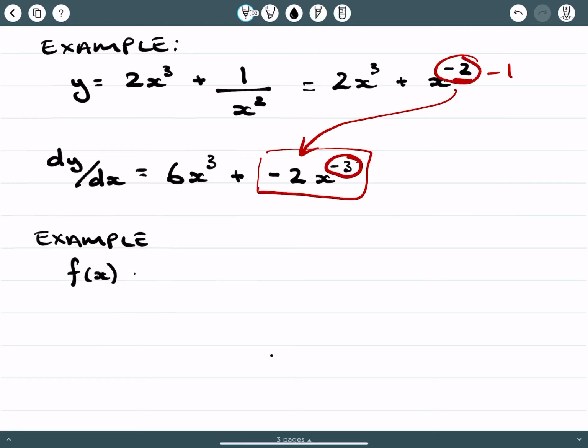You could also have an example, and I'll just do a quick one here, which has f(x). I just want to change the notation up a little bit, and we might have 15 on x cubed.